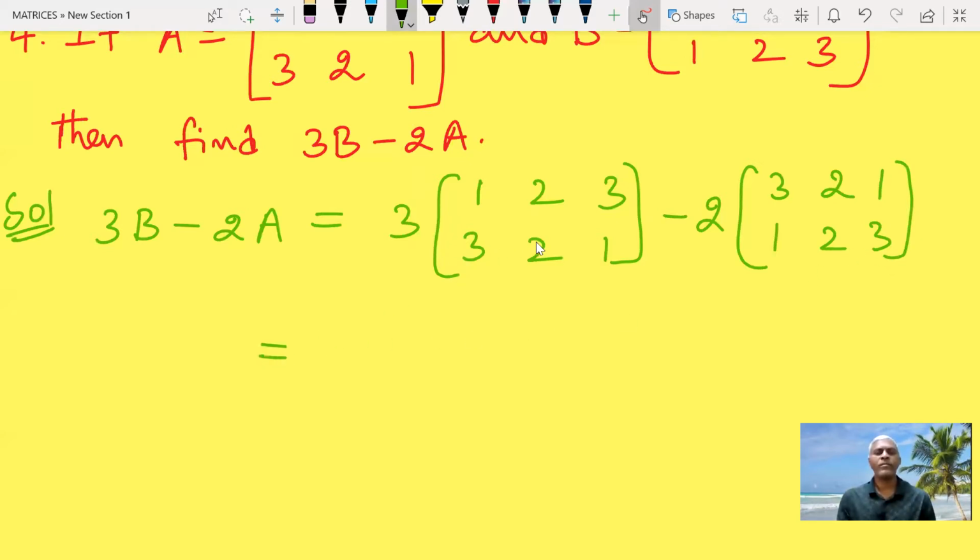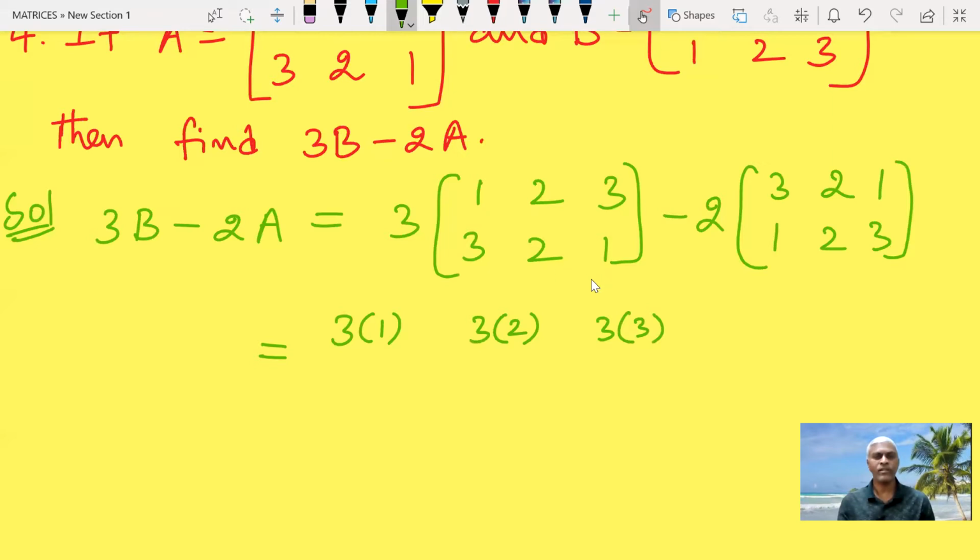Multiplying the matrix with a scalar, a number, is nothing but multiplying each element of the matrix with the number, with the scalar. So 3 into all the elements. 3 into the first element 1, 3 into the second, 3 into the third.